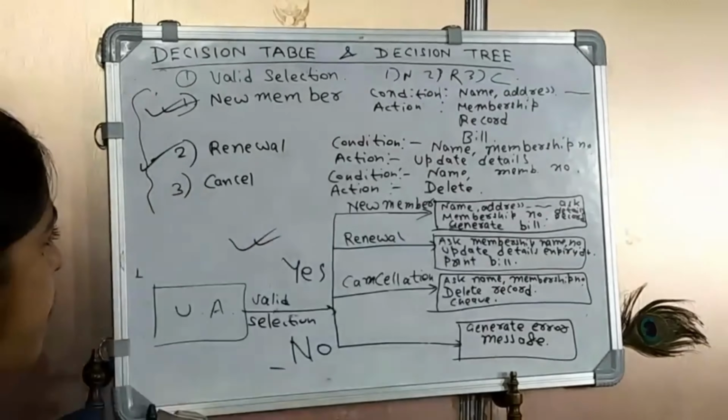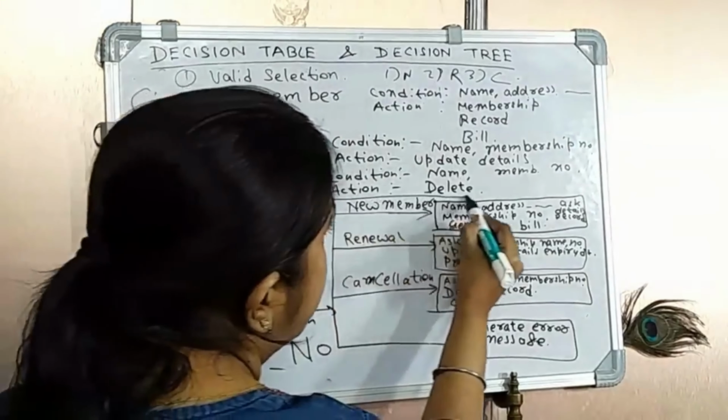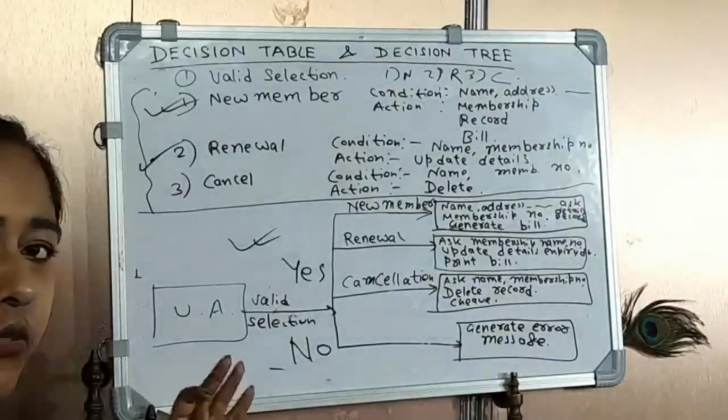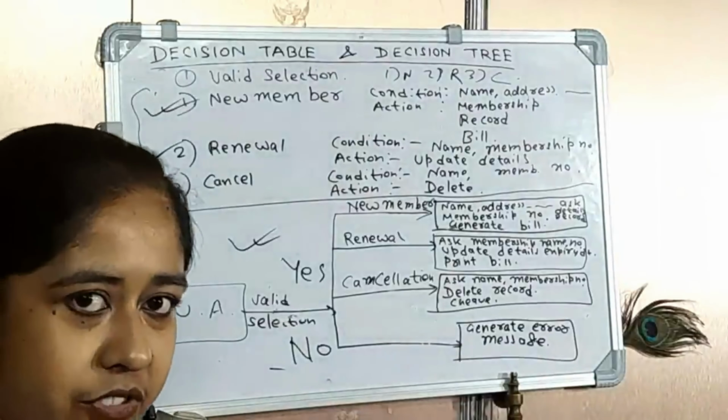This particular diagram is our decision tree. Whenever you make a decision tree, first comes the user data that they are going to give. After that, you have to see whether whatever the user is selecting is valid or not. How will you know that?